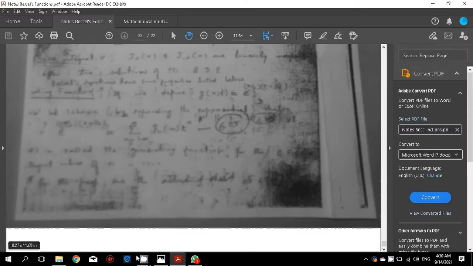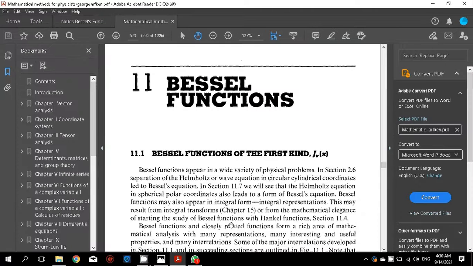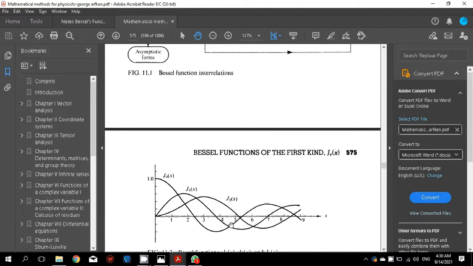Now moving further, let me show this from the book here.